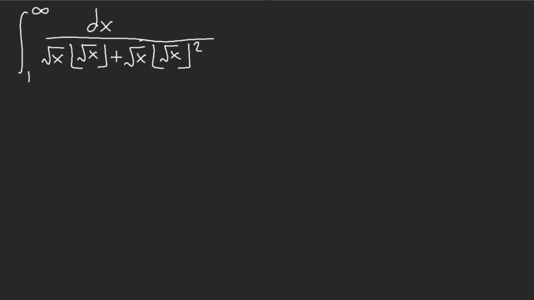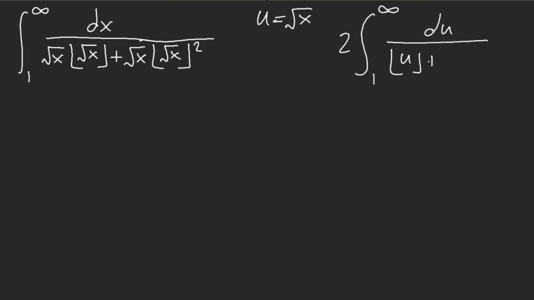Okay, we have a composite piecewise function, sort of. Not too bad, because everything's in square roots. So again, you could literally just let u equal square root of x. With that substitution, you'd be left with 1 to infinity. You get du, and we have u and u squared with the floor functions.